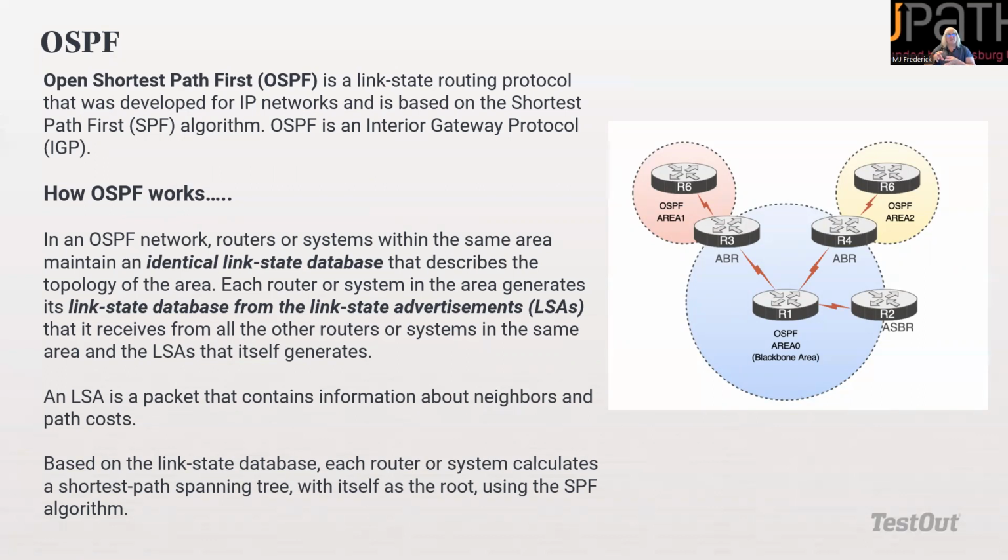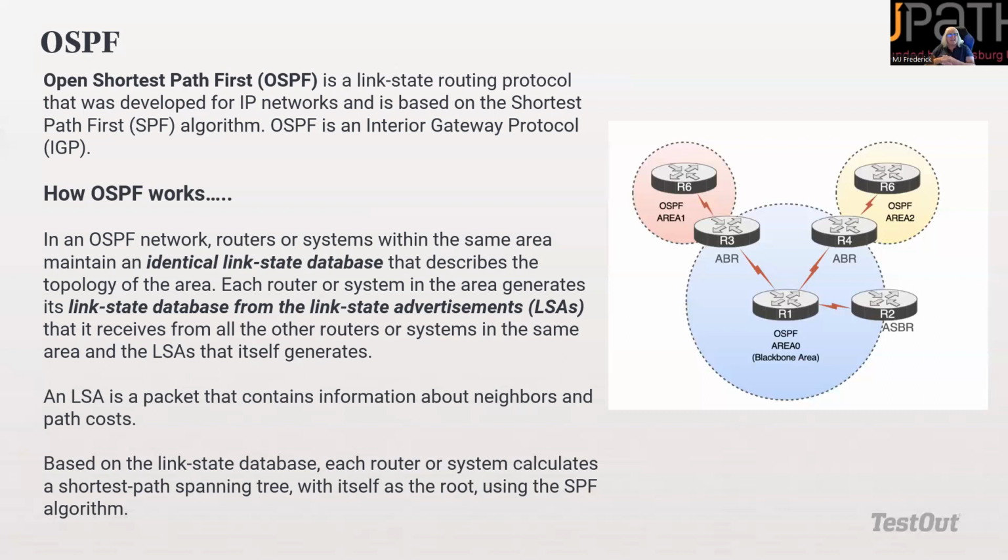So how does it work? Well, the router or system is looking for routers or systems within the same area to maintain an identical link state database. Each router or system in that area generates what are known as LSAs, link state advertisements, that it receives from all other routers or systems in the same area, and the LSAs that it self-generates.